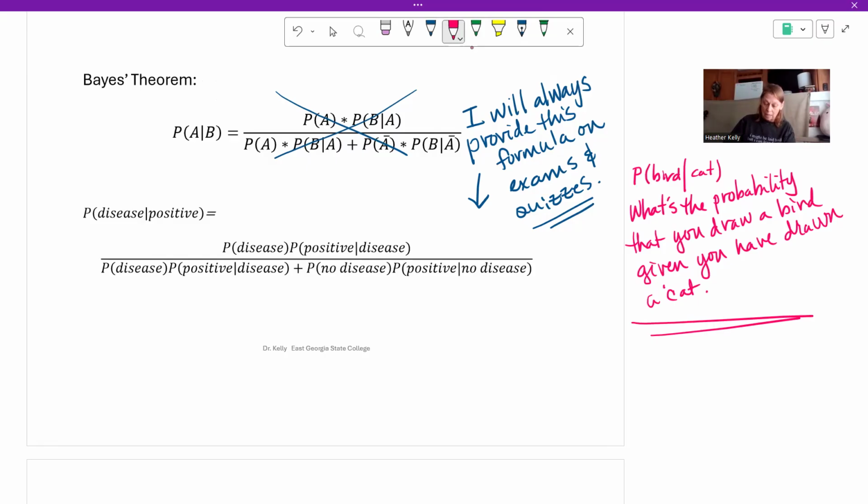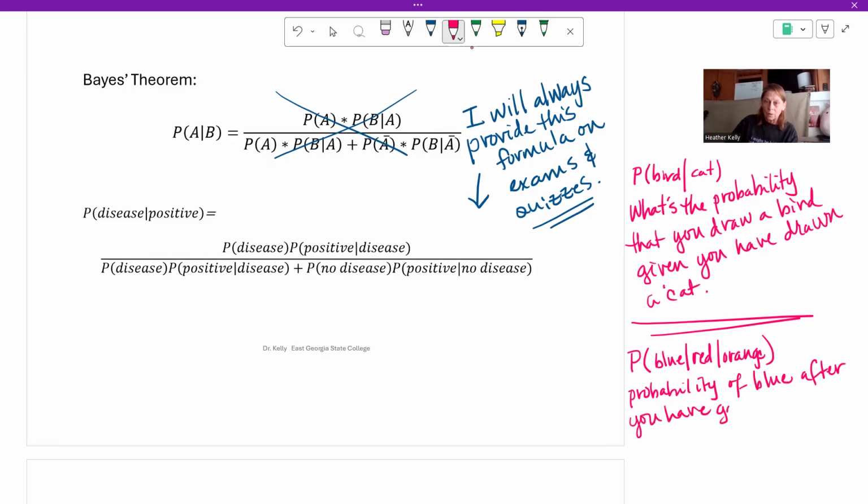Okay. And also, if I said something like the probability of blue given you've drawn red, given you've drawn orange, that means the probability of blue after you have gotten a red after you got an orange.